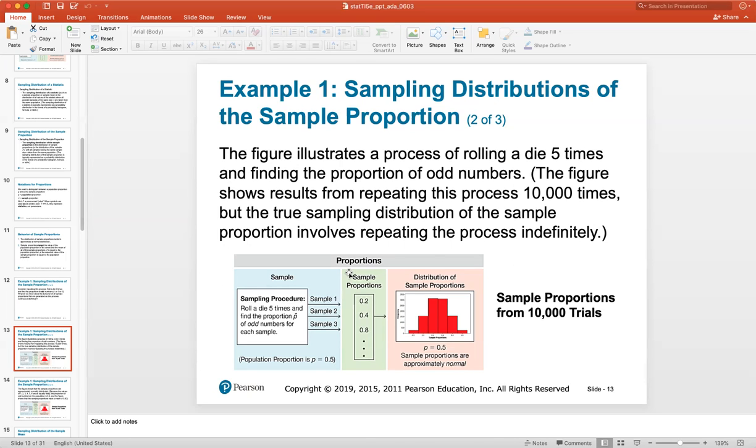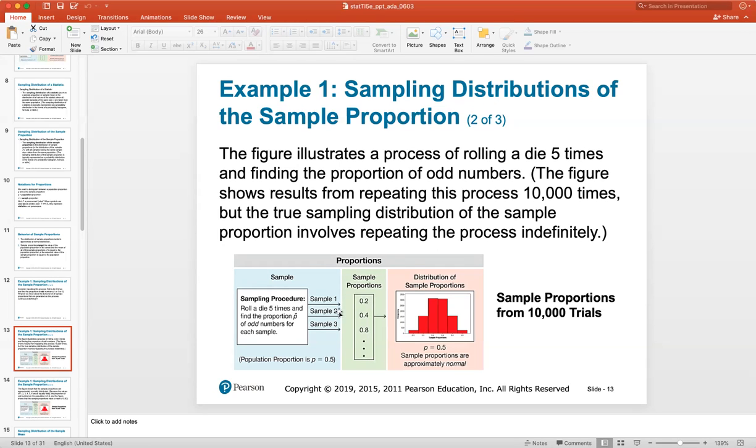Then we can calculate the sample proportion, how many odd numbers we get in the first experiment. Let's say 0.2.